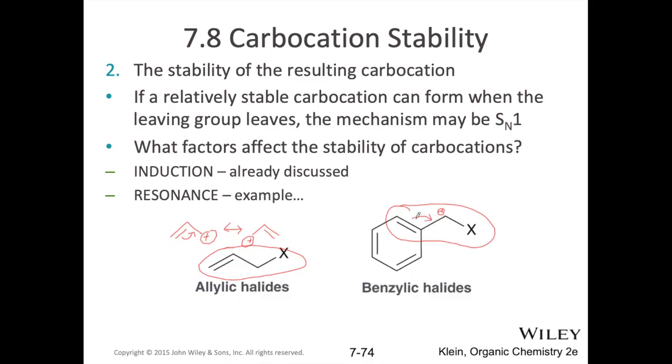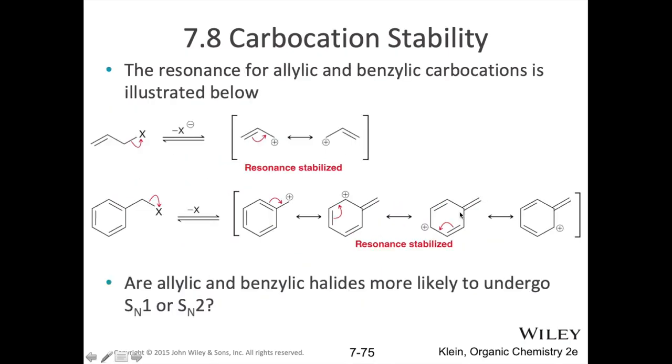Again, we can have resonance that stabilizes that positive charge. If anything, in the benzylic position it's not limited to this; we can actually have all of these electrons involved in that system. Here's a picture of those structures showing that resonance stabilization.